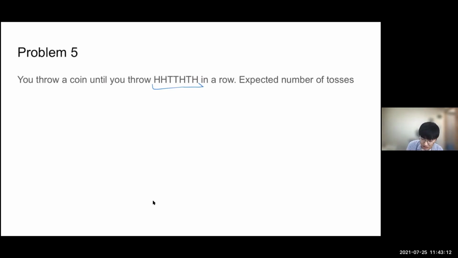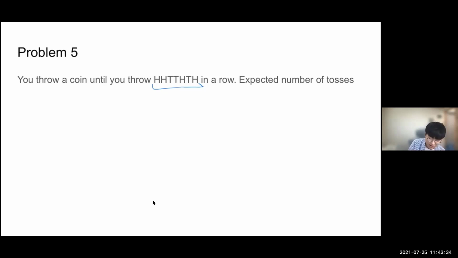And here you could also calculate the expected number of tosses by utilizing this gambler idea. Here, the nice idea that you have to come up with is coming up with many gamblers instead of one. So a gambler does the following.